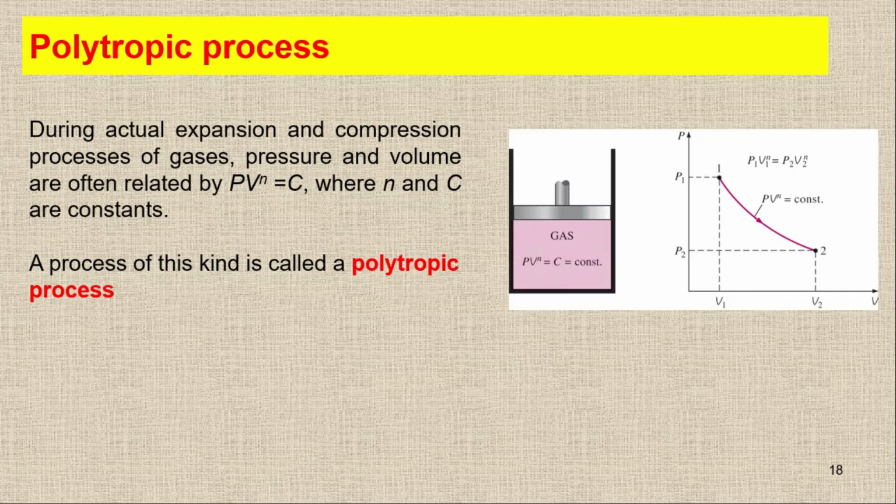Here you can see a piston cylinder device, and the gas is going to expand with the relationship PV^n equal to C.